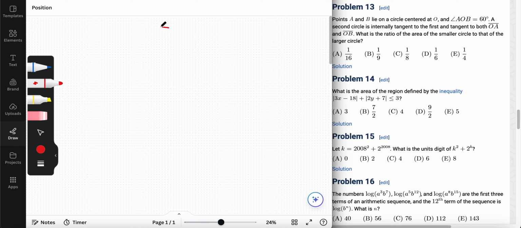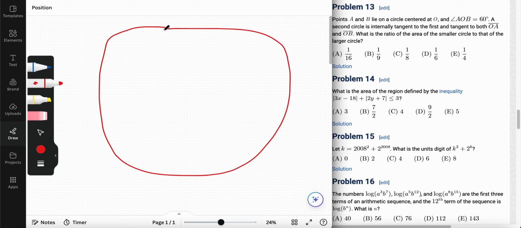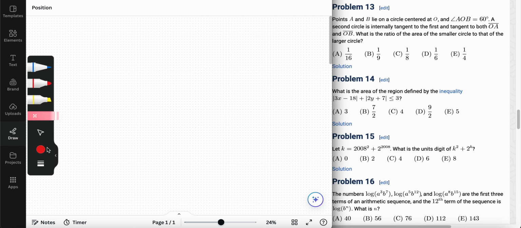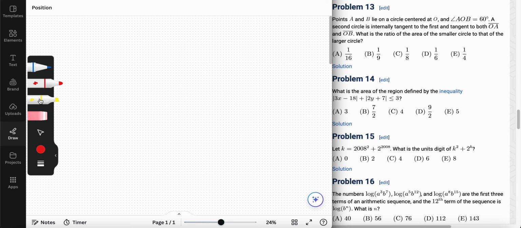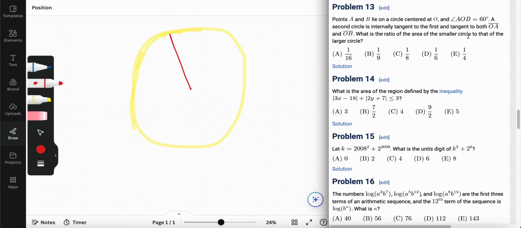So we have a circle. Okay, that does not look like a circle. I'll use this for the circle. Okay, that looks a little bit better. And then I have OA.